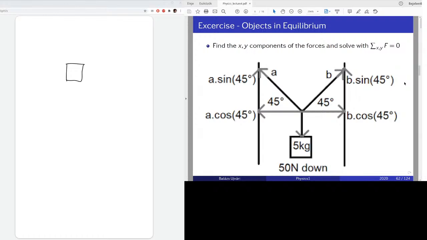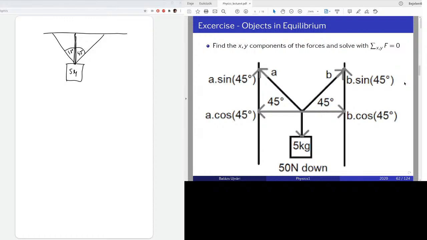Let's calculate something. For example, if you have a 5 kilogram body and you fix it to the ceiling with a wire or something, and if this is 45 degrees, how can we calculate the forces on the string?